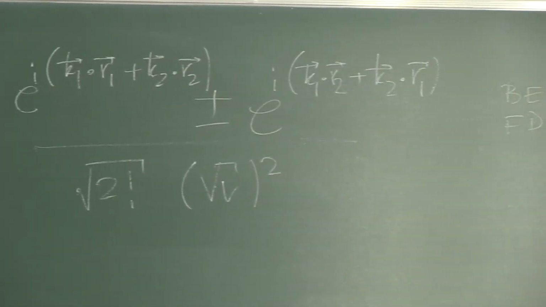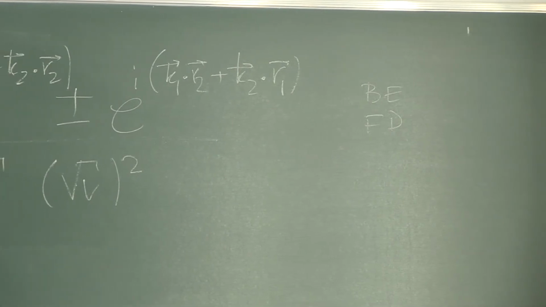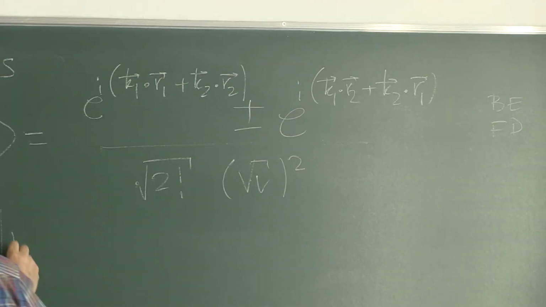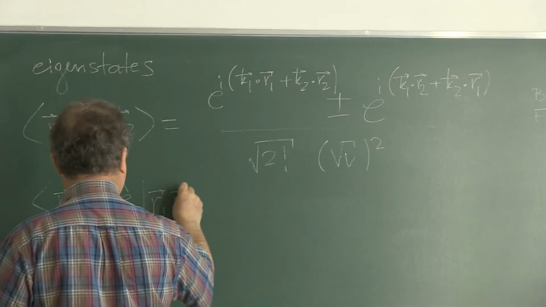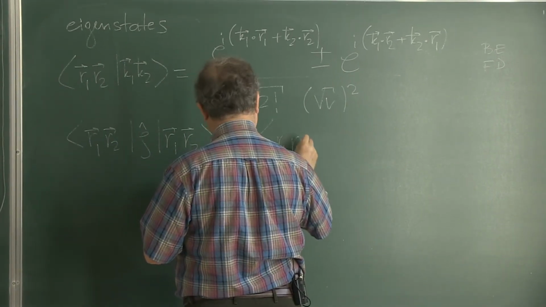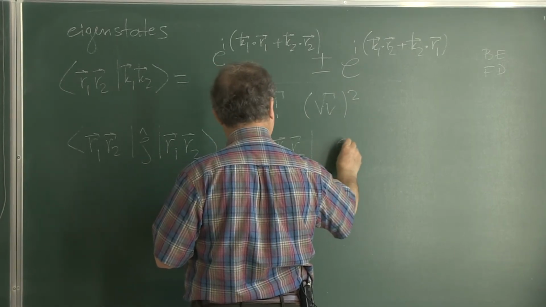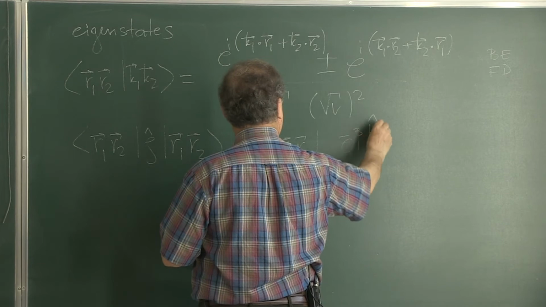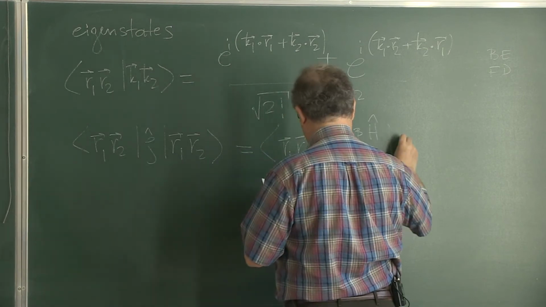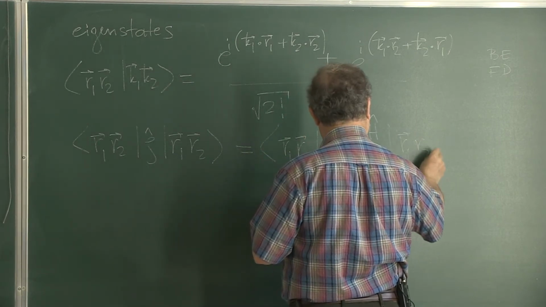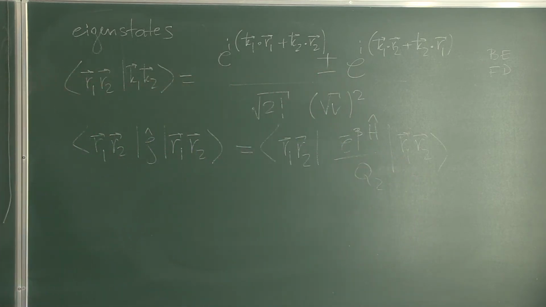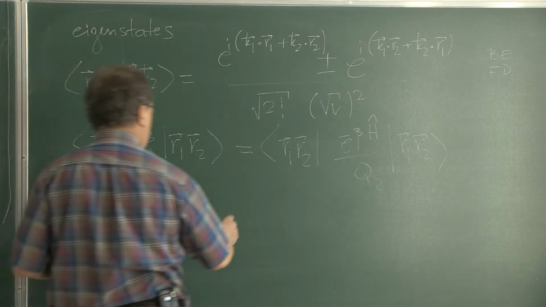So if you want to write this probability, the matrix element of the density matrix, you have the following calculation. As I told you, I'm going to give you the calculation.